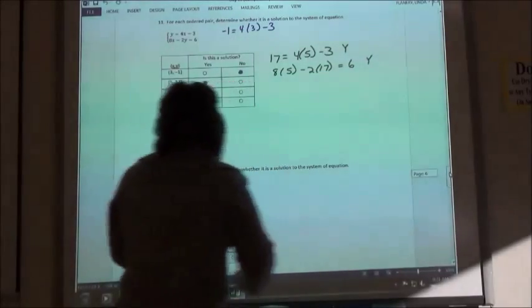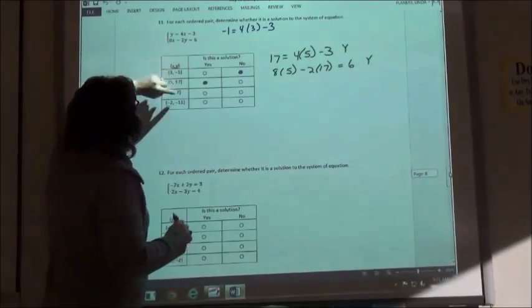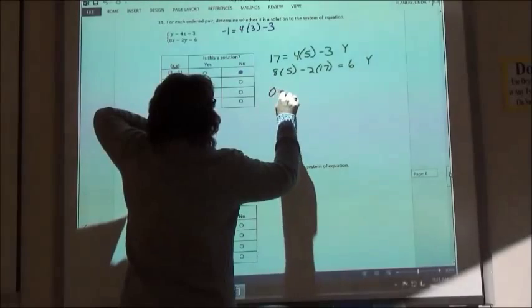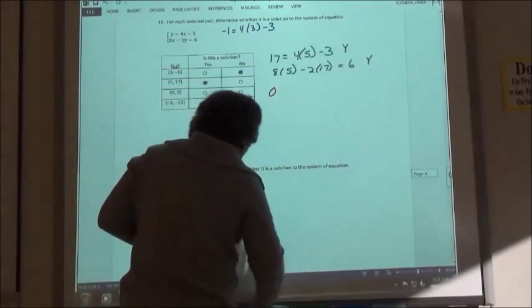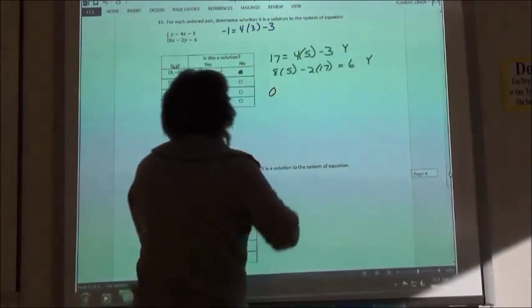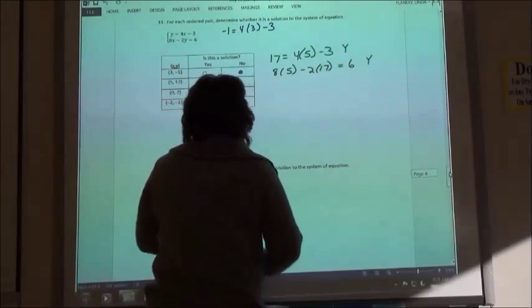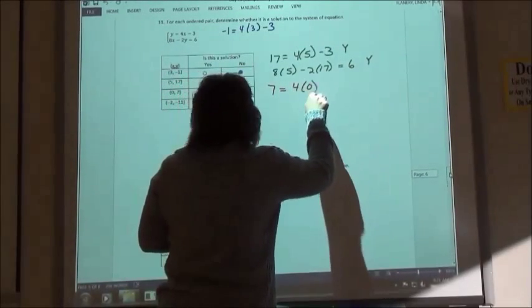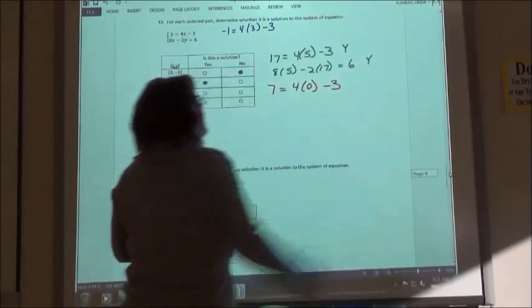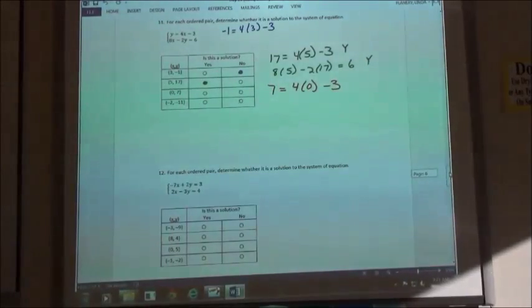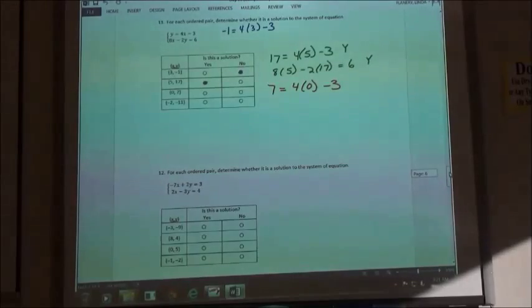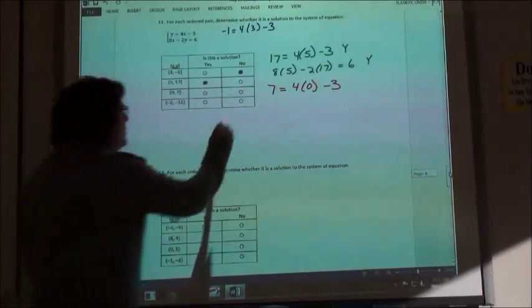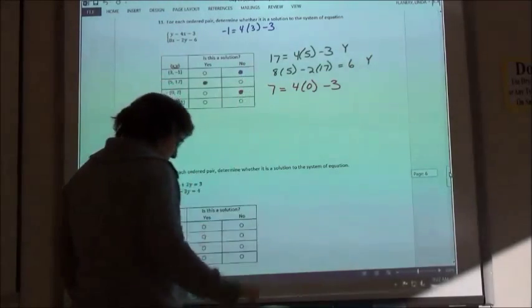So now I go to the third ordered pair, checking in the top one, 7 in for y. Does 7 equal 4 times 0, which is the x value, minus 3? No. Since it's a no, I'm just going to mark no.